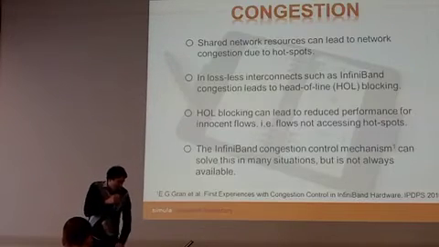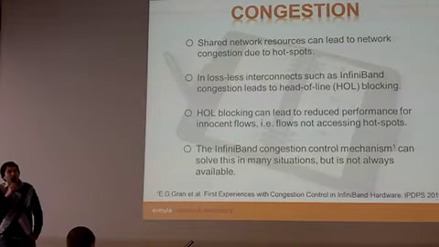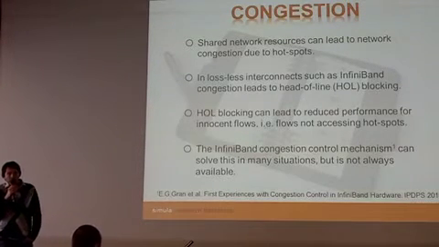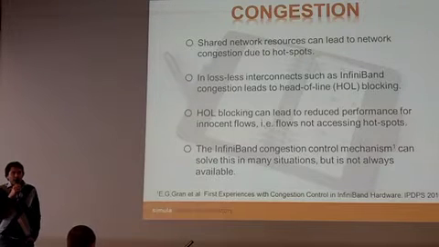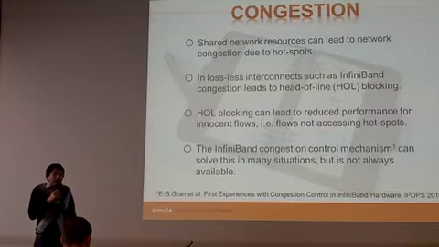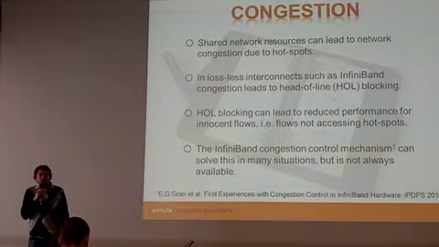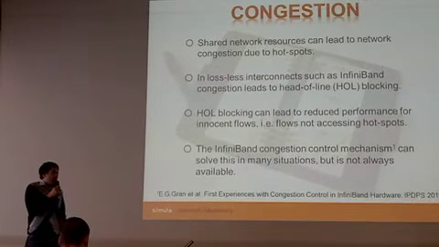So, what is congestion? This is something that happens in the network because we have a lot of shared resources, and when we have hot receivers in the network, these resources are overloaded, and in lossless interconnect such as InfiniBand, this will lead to something called head-of-line blocking.